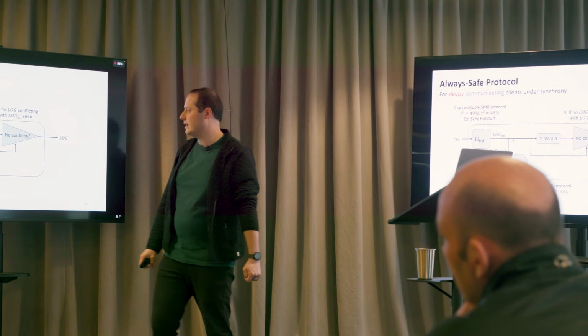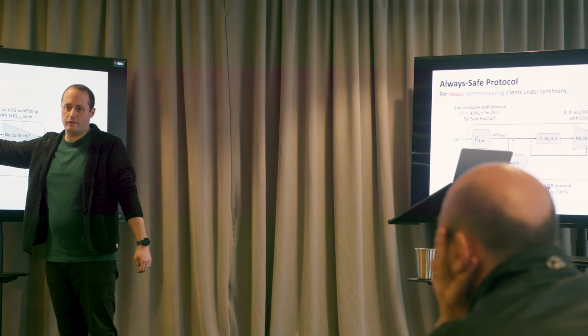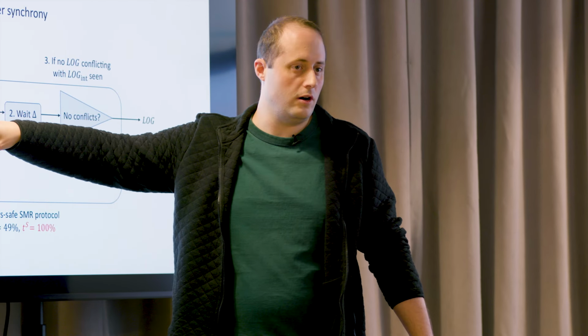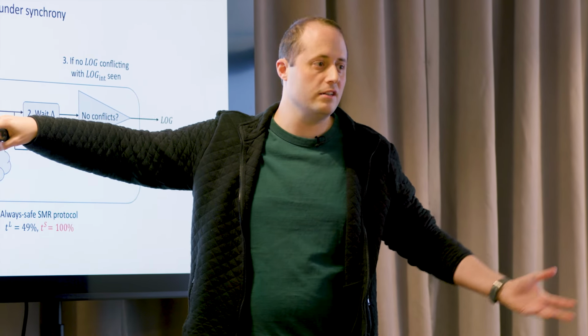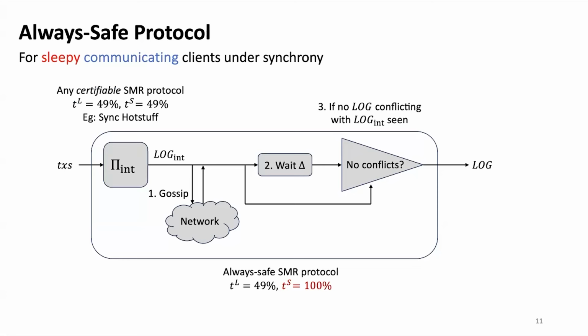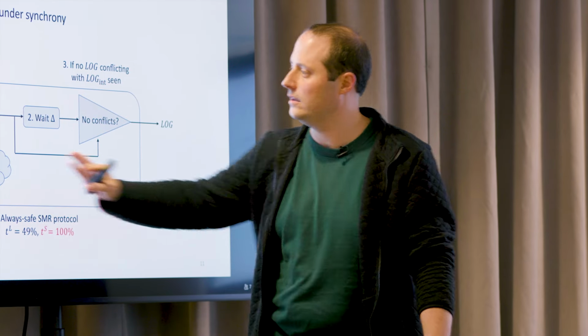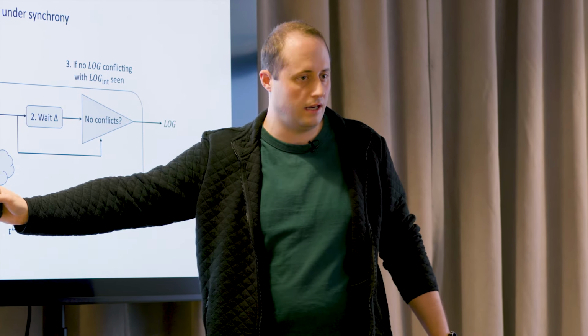The mechanism is clear, right? We're going to run a 49% protocol. It's going to give us output logs together with a bunch of signatures from the validators saying, look, this is what you should confirm. We're going to gossip that to everybody. This is, in some sense, what happens on the client side.